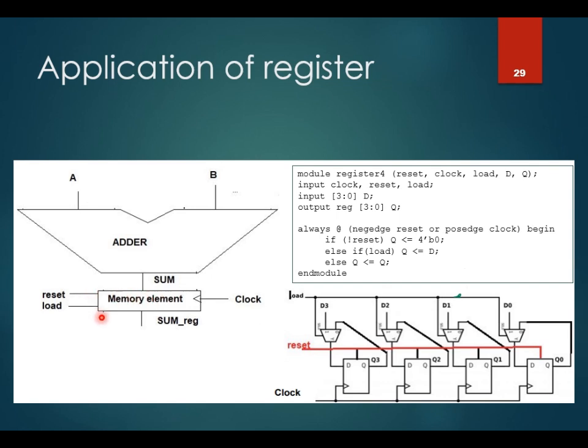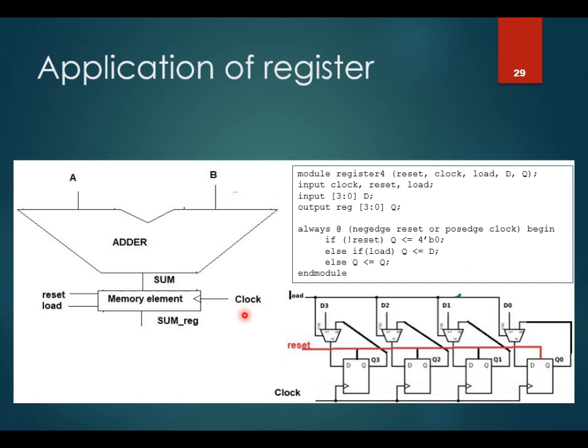The structure of the load register looks like the one shown on the right-hand side, where it consists of flip-flops and multiplexers. The multiplexer selects whether the register should load a new value, D3, D2, D1, D0, or take the old value from Q3, Q2, Q1, Q0.